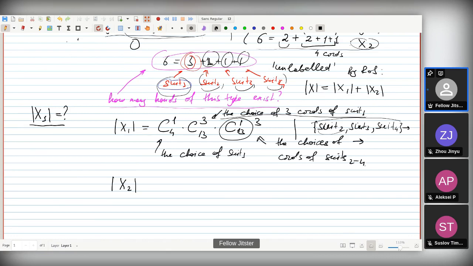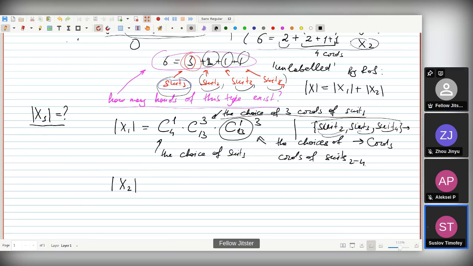They are now labeled. Is it clear? Yeah. So we need a function that would assign a card to each of these suits. Is it clear? Yeah, I understand.